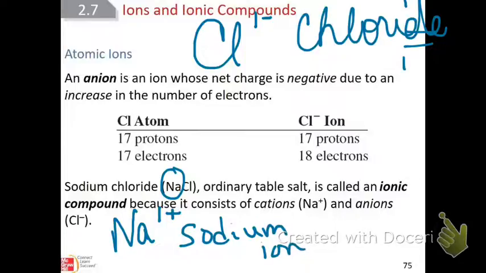This one is chloride ion, and if you then put these two together, you get ordinary table salt. It is called an ionic compound because it's made of these 2 ions, a cation and an anion, and that bond forms because of the opposite charges of these 2. Opposites attract, and those are attracted by their opposite charge, and that's exactly what happens.